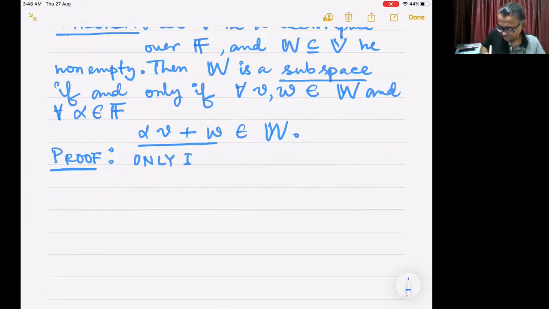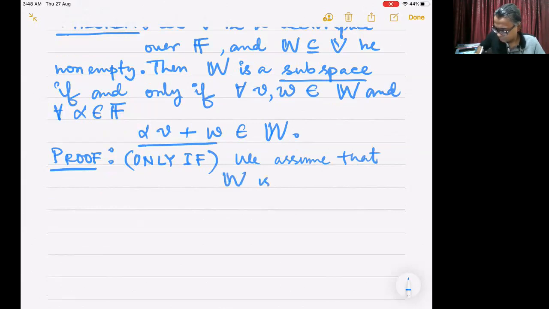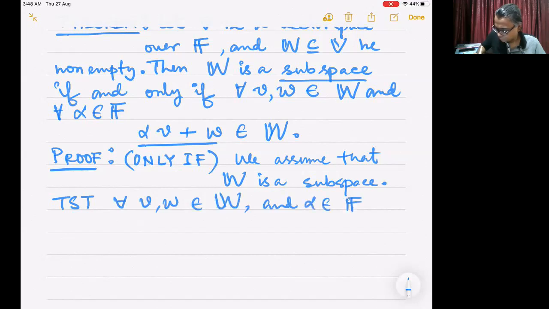Only if. What does that mean? For this, we assume that W is a subspace. We have to show that for all V, W in W and over all alpha in F, alpha V plus W is also in W. But this is trivially true because W is a subspace.